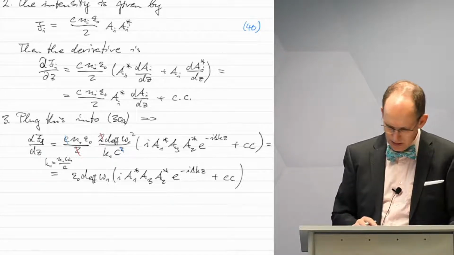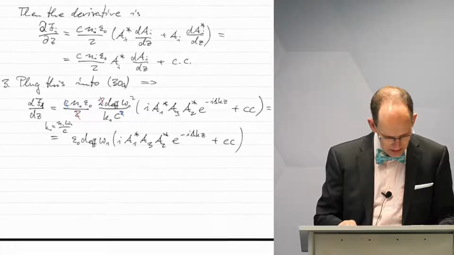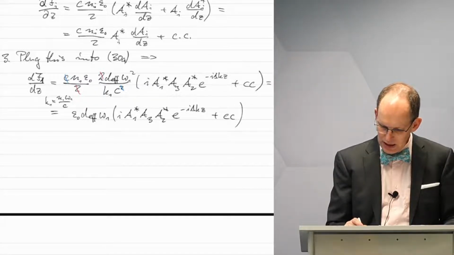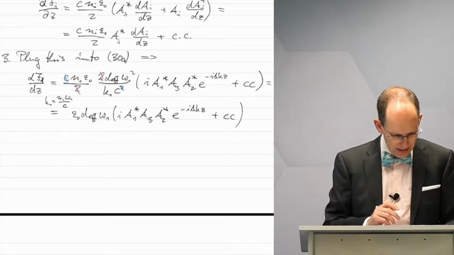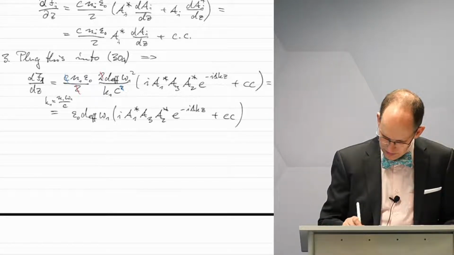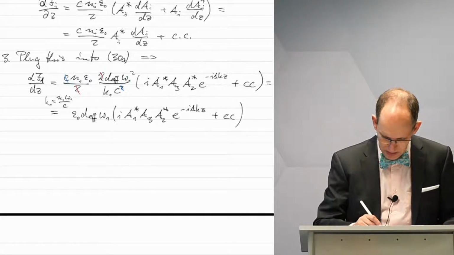And yeah, this can be simplified. Yeah, so we have the complex conjugate here. So this means that we get the imaginary part of the expression in brackets.